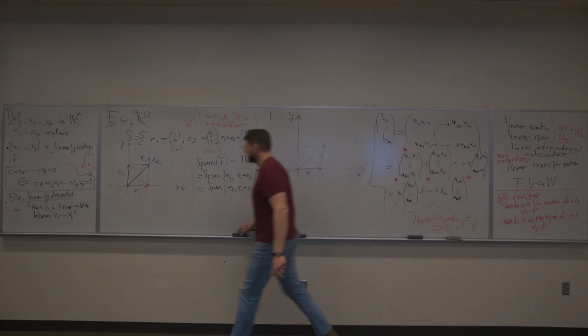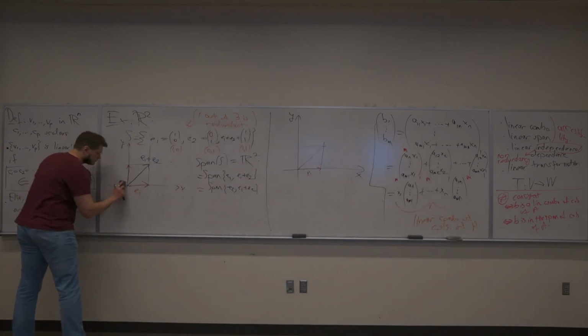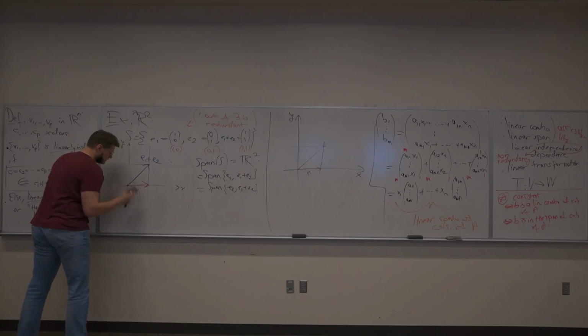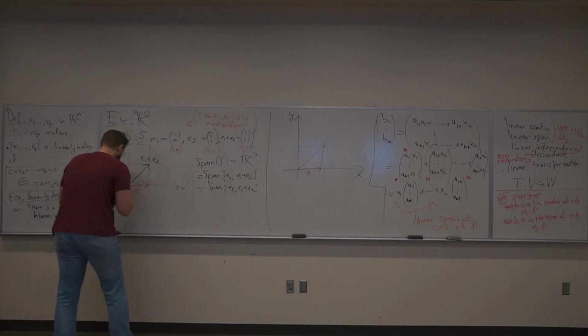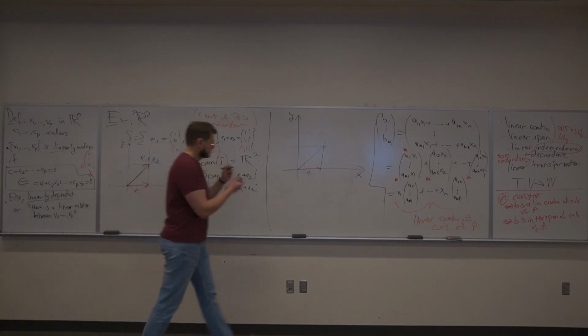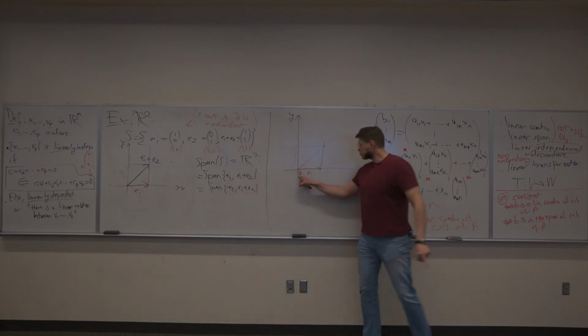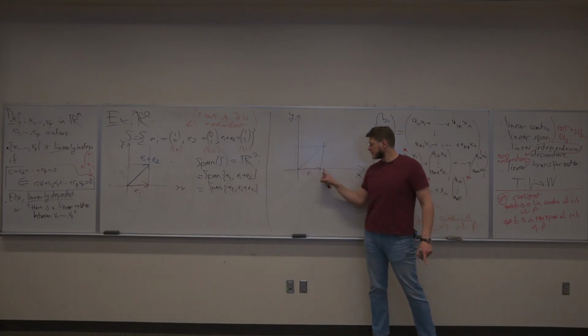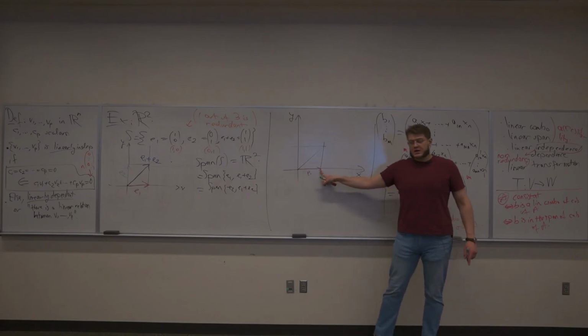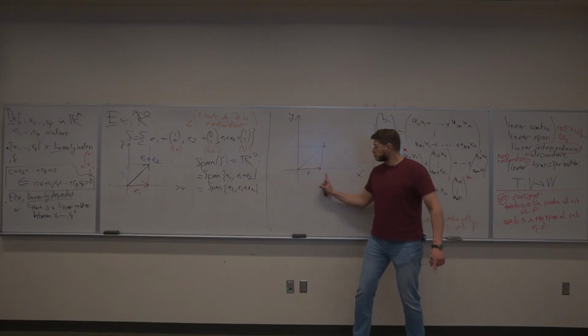In fact, let's use a different color for E2. Let's use green. Now, I started at the origin, moved 1 unit using E1. Now I'm at this point. Now I'm going to use E2 to move 1 unit.